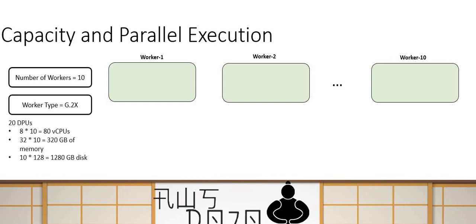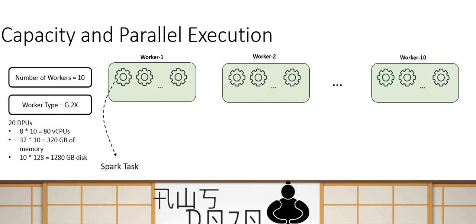By having 10 workers, anyway you have parallel processing, where there are 10 workers doing the job for you, but within the worker itself you can also do parallel processing, and within the worker, parallel processing is done by Spark tasks. These gear icons you see, each of them is a Spark task, and even within a worker you can have more than one Spark task.